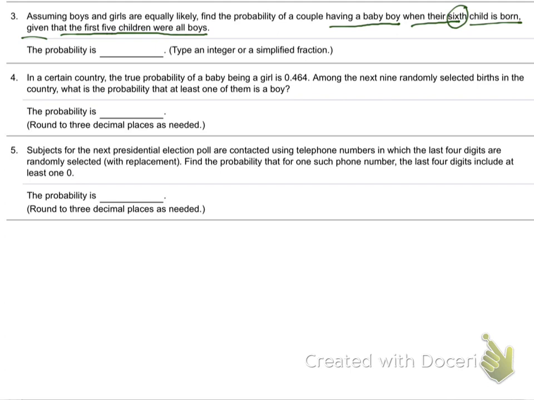So their first 5 were all boys. What's the chance that their 6th is going to be a boy? What do you think? Not having a girl. So it's going to be only 1 chance, because only boy can happen once, right? 1 out of what though?